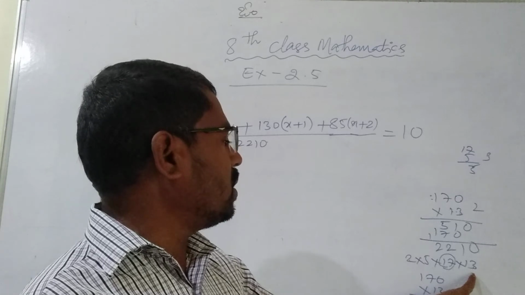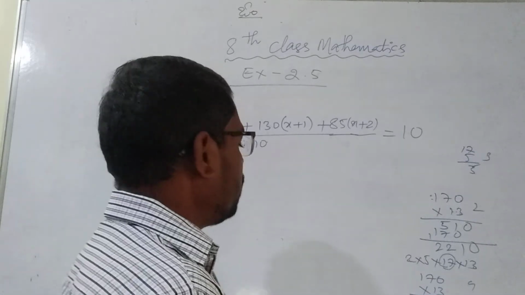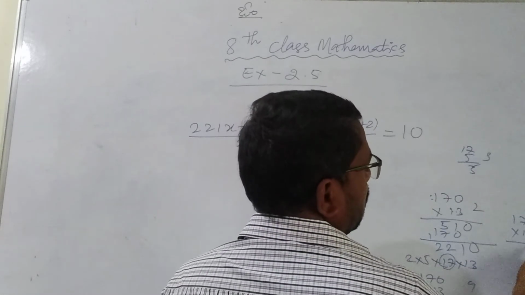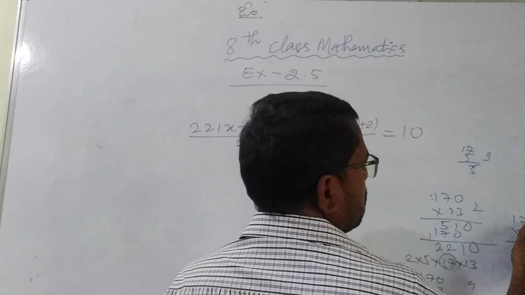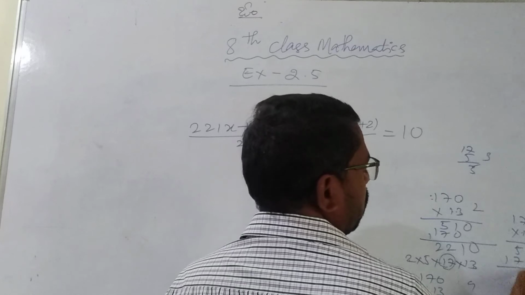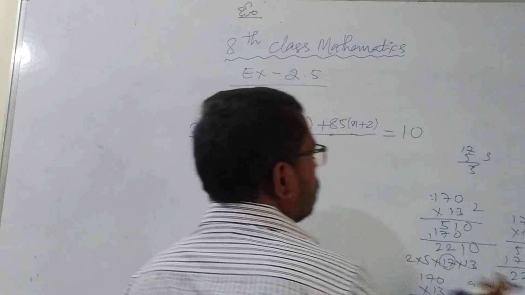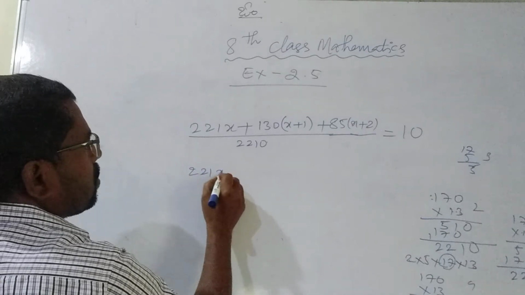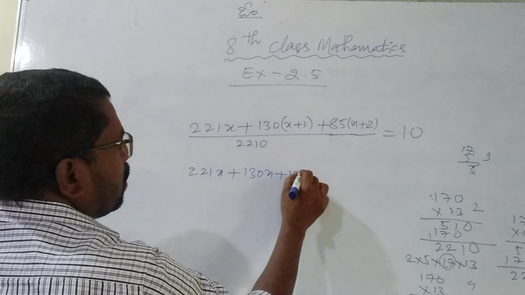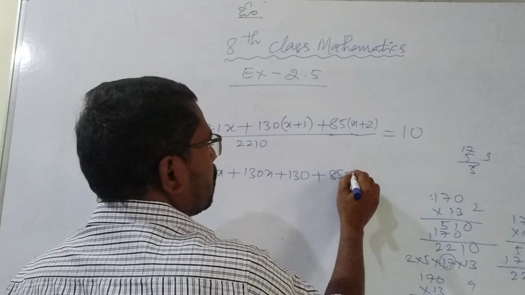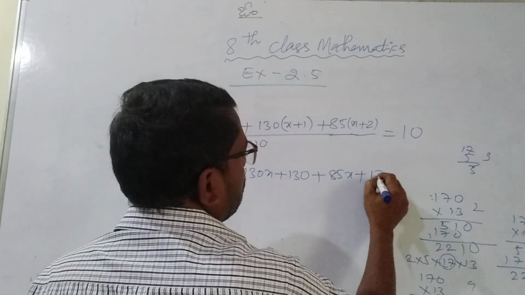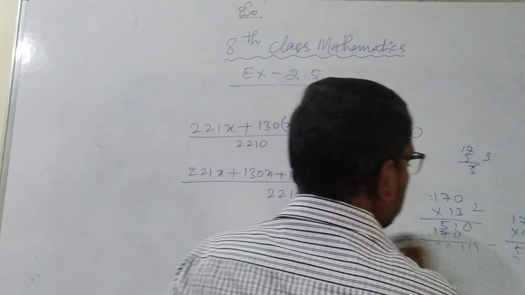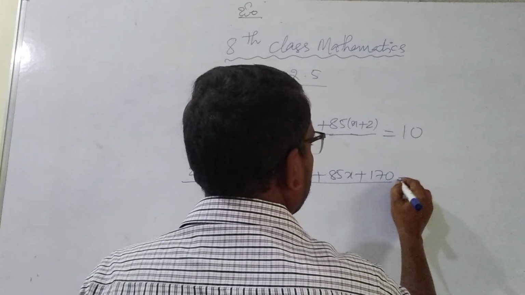Then 17 into 13, how much do you get? 221. So here you get 221x, 130x plus 130, plus 85x plus 85, equal to 10 times 2210. That is, the right side is 2210 into 10.